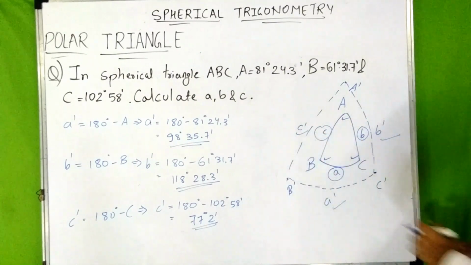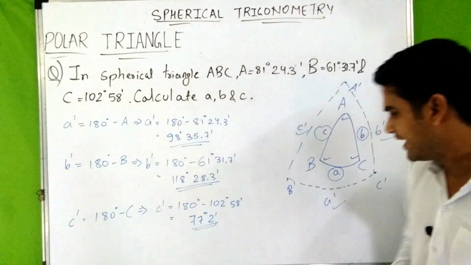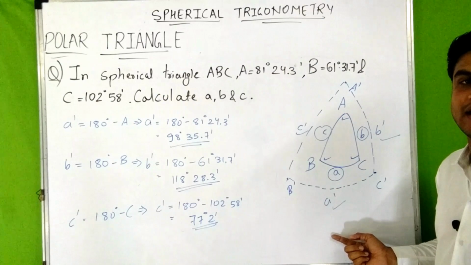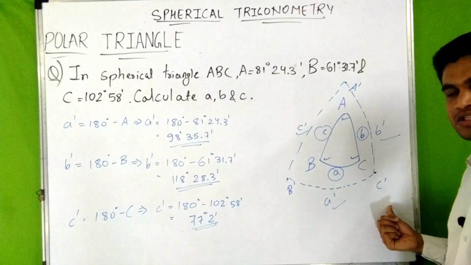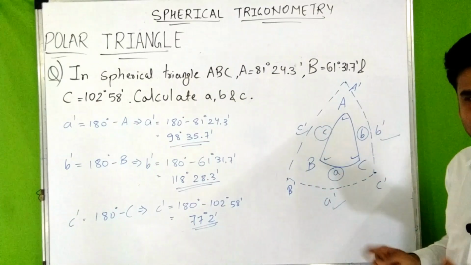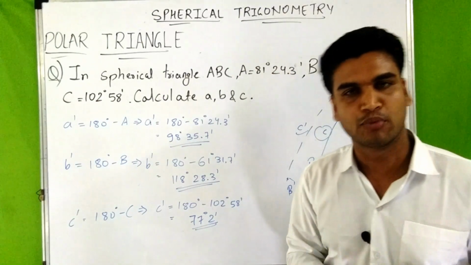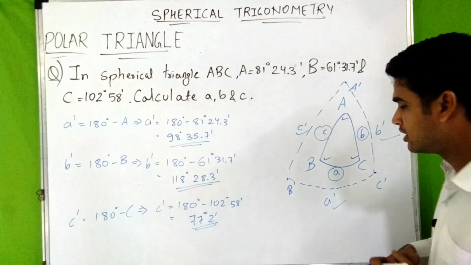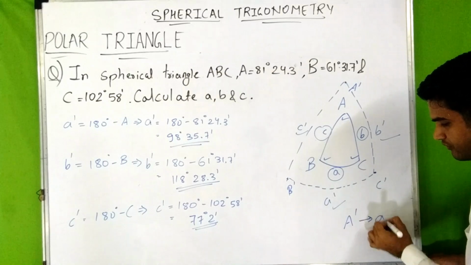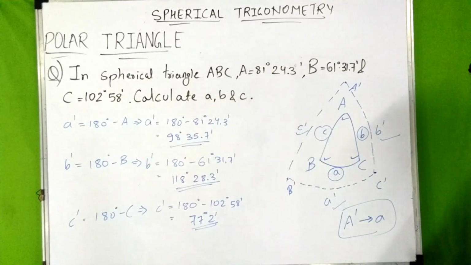Now we know, as we had discussed in the video of cosine rule, that if we have all the three sides of a spherical triangle, then we can calculate all the three angles of the spherical triangle. And why we are calculating all these three angles? Because according to the second statement of the polar triangle, as I discussed earlier, we have the relation of capital A dash with small a.